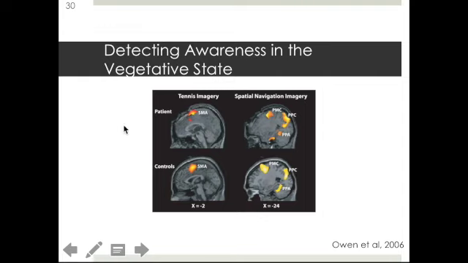So based on looking at brain activity of a patient in a persistent vegetative state, Owen et al. were able to conclude that they were aware, right? So they weren't completely unconscious, that something was getting in there, and that they were able to obey verbal commands inside their brain. So this is a really important use of reverse inference.